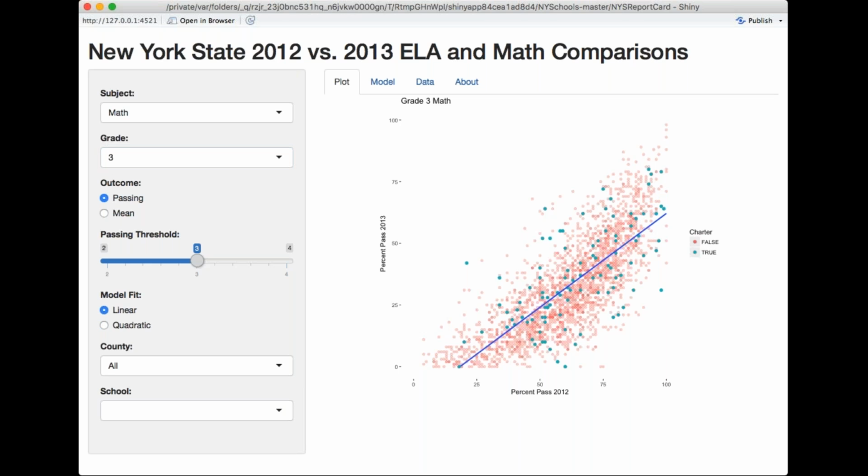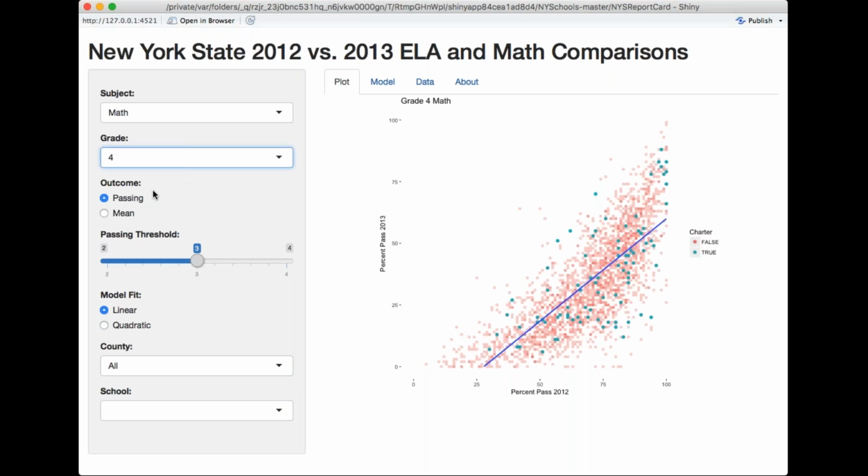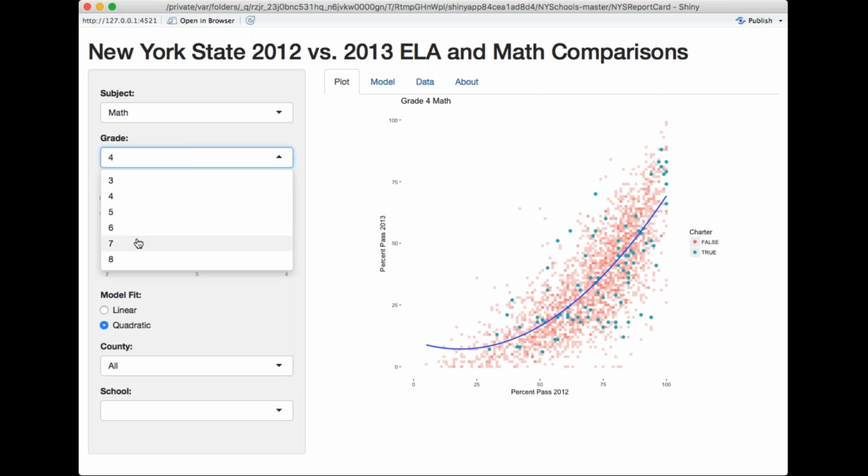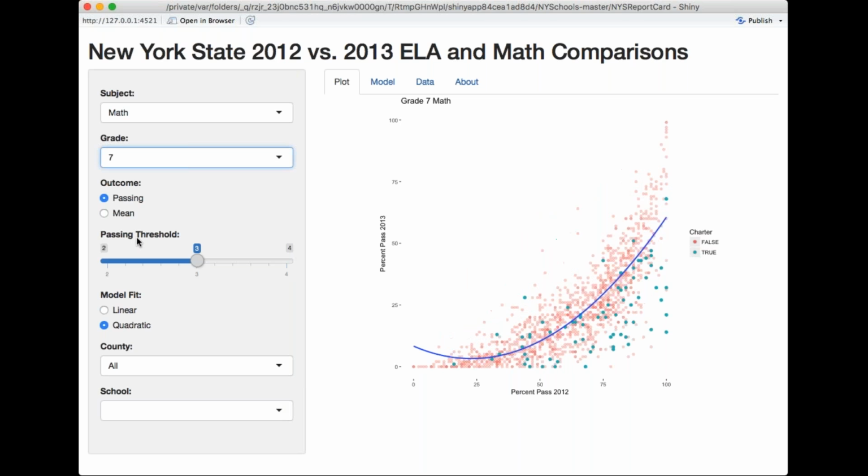This one might be reasonably linear. Different grade levels had different behaviors, but it's not terribly difficult in R to consider these other ones. If you're interested in Shiny, which I think is a great way of displaying results, you can look at the code, because this is a pretty simple example where I'm just going through different ones, and there are a couple of other things we can do.